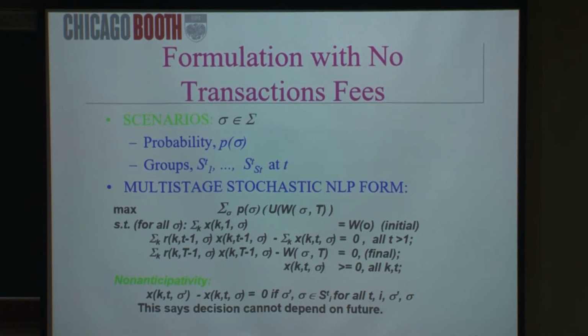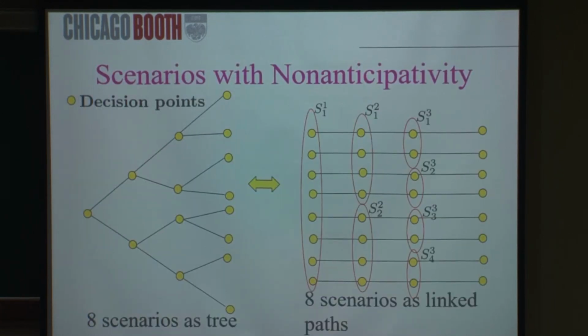Okay, I'll show that in this diagram here. So what I had before was a tree like this, where I was making decisions at each node of this tree, and then there were possible outcomes of those decisions at each of those nodes. So I had 8 scenarios for the outcomes and decisions at each one of these different points in time.